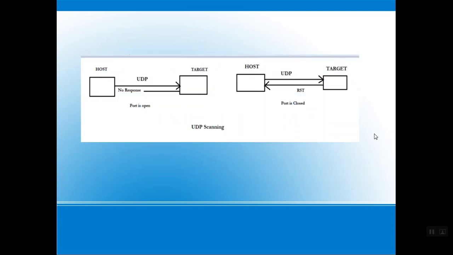The diagrammatic view of the UDP scanning process, how it goes on, is here. The host, as you can see, is sending a UDP packet to the target. Now if we are getting no response from the target server, then we can say that the port is open. If we are getting a response as a RST packet, then the port is closed.